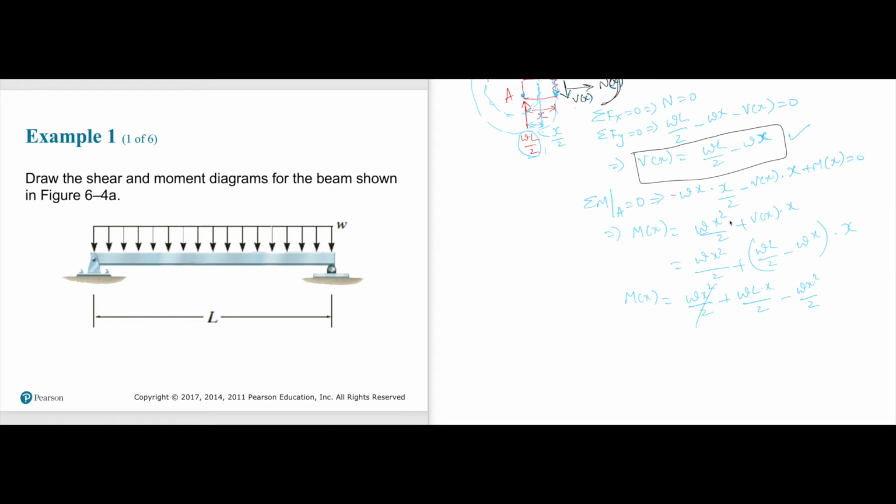We can cancel out these two. But we can rearrange this, and we can write WL times x over 2 minus Wx squared over 2, right? So this is the equation for moment.